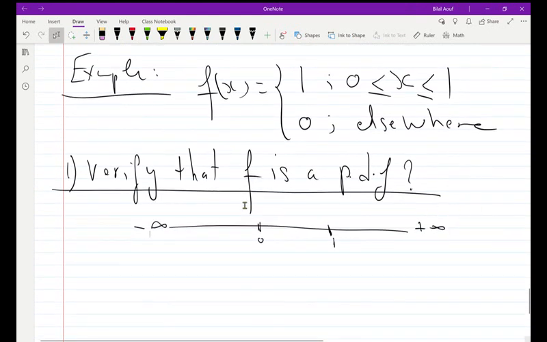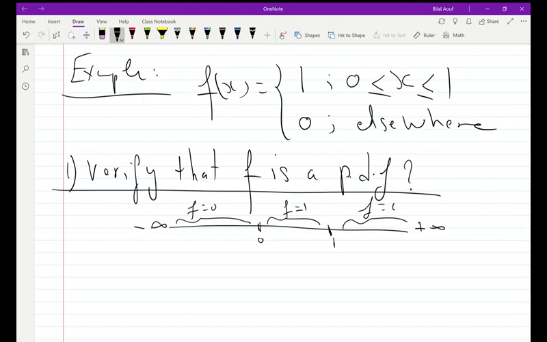So as shown in this function, f equal 1 for x between 0 and 1. Elsewhere, it's equal to 0, which means for x between minus infinity and 0, and x between 1 and plus infinity, f equal to 0.